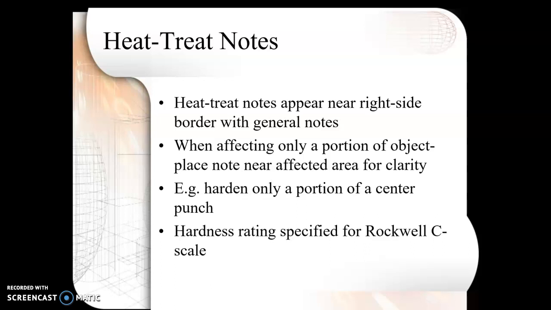There may be some other classes in the mechanical curriculum if you're a mechanical engineering technology student in which you will learn more about heat treating and hardness and other material properties like that. But in this class, we basically just need to recognize some of the terminology.